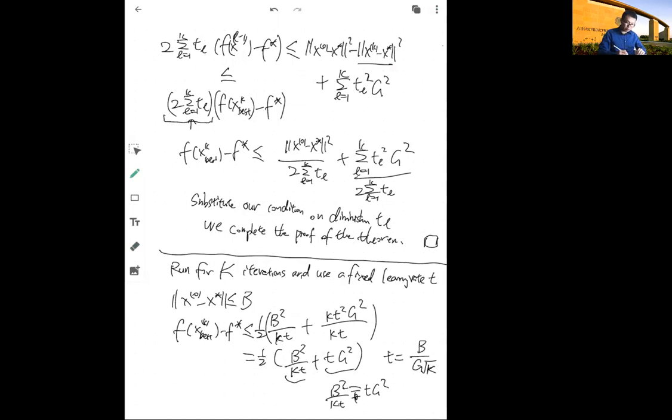And that means that when we choose this optimally, the final convergence rate after running for k iterations with the best fixed learning rate is going to be order of bg divided by square root of k.